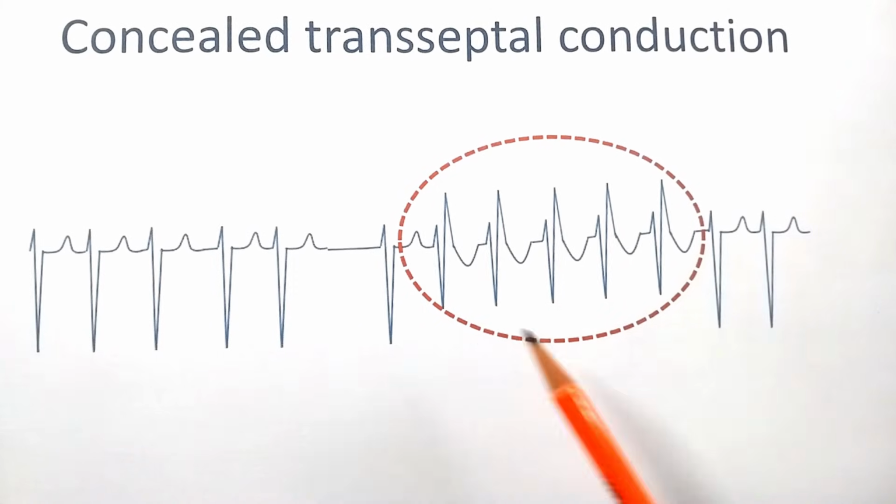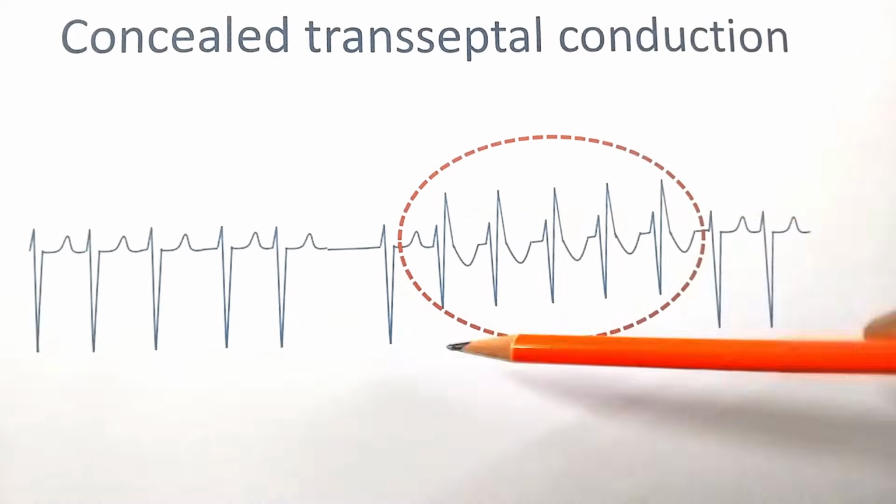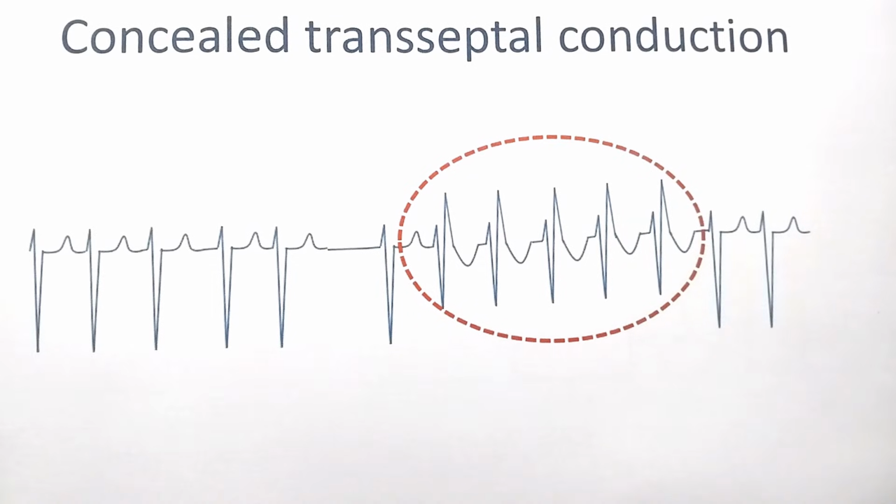But if you look closely, all of them have right bundle branch block aberrancy type of pattern, R prime pattern. And this is initiated by a long-short sequence. So the first beat is initiated by an Ashman sequence. For the subsequent beats, there is no long-short phenomenon. So that is not due to Ashman phenomenon.